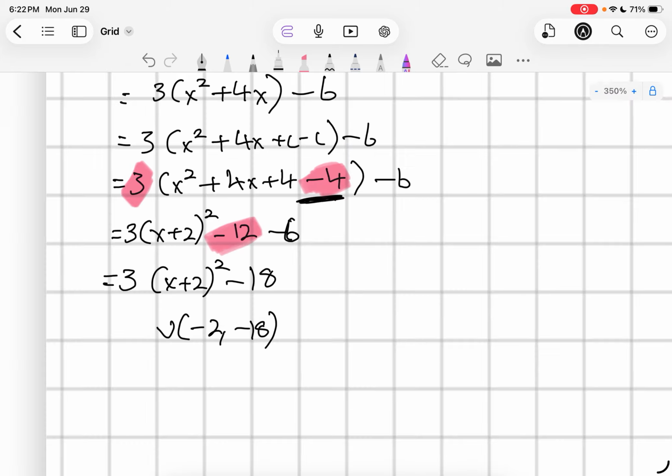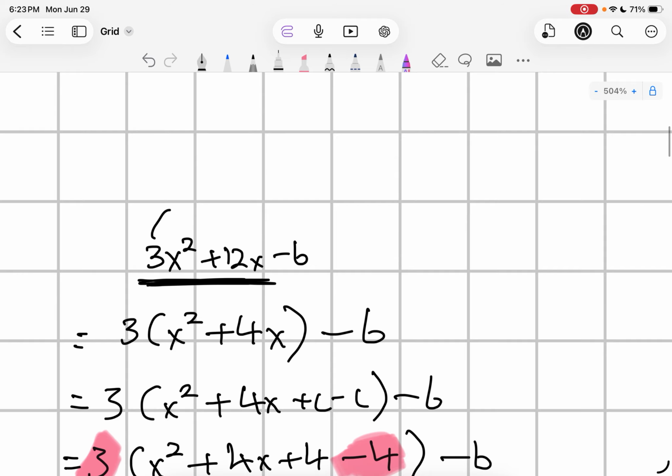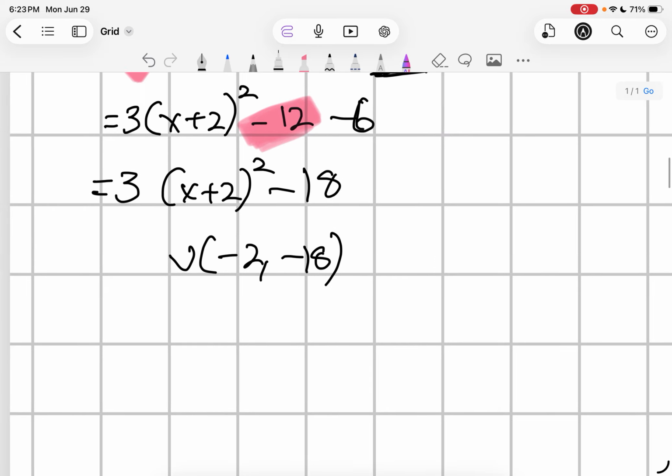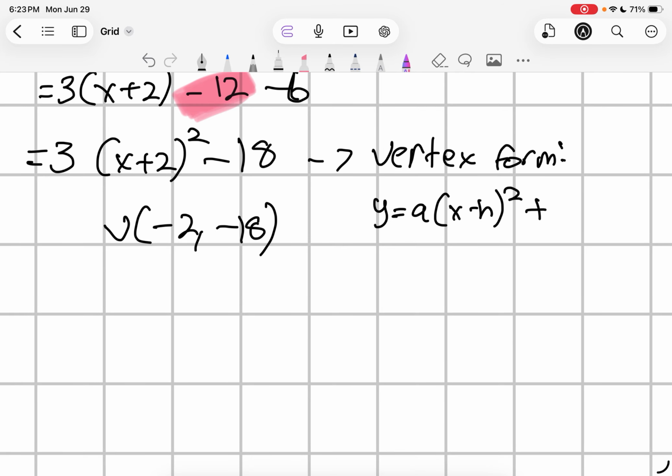So let's zoom out for a second. When you complete the square, you're converting a standard quadratic. As you can see, we have the standard quadratic a, b, c, which you would use in the quadratic formula: x equals blah, blah, blah, right? But now you're completing the square, which is essentially changing it into vertex form, which is y equals a times (x minus h) squared plus k.